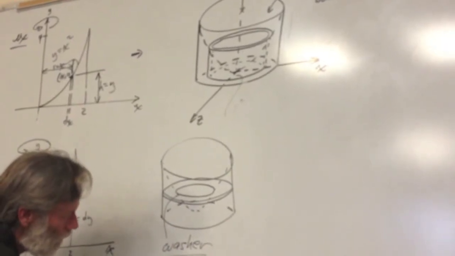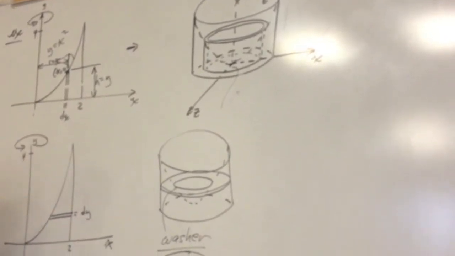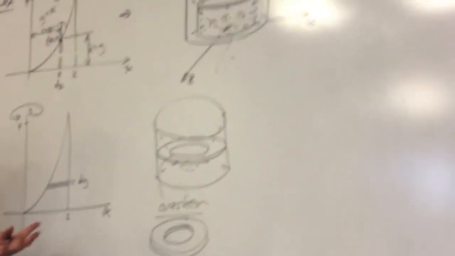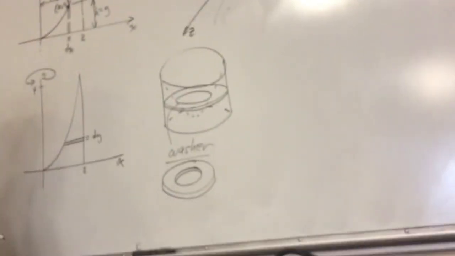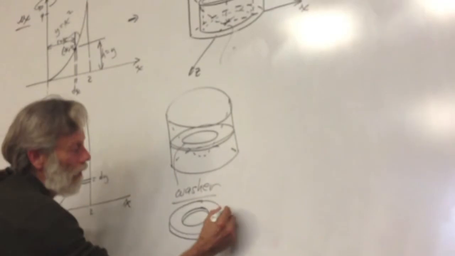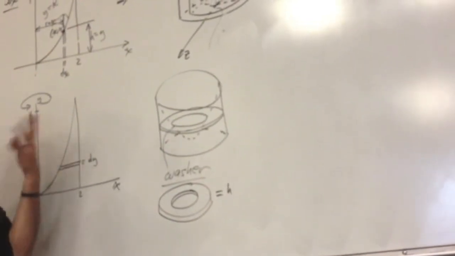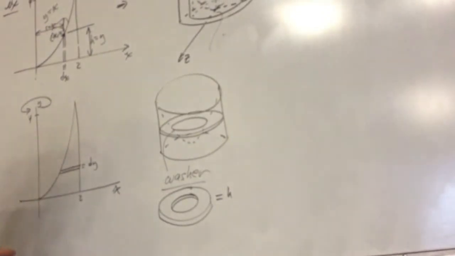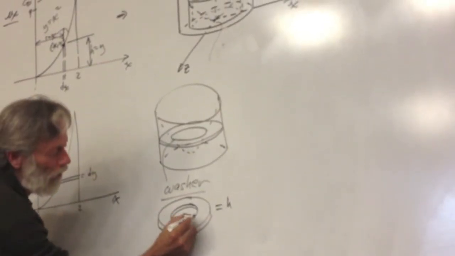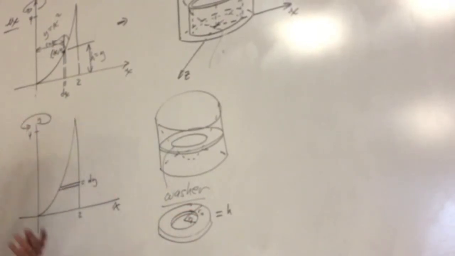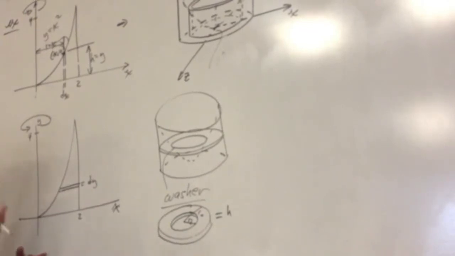You might draw it like that. To keep in line with the idea of a disc, because this is really a big disc, take a little disc out of the center. I'm going to label this as a height rather than a thickness, just to keep that pi r squared h disc thing in mind. You will need an R i and an R o, meaning inner radius, outer radius.